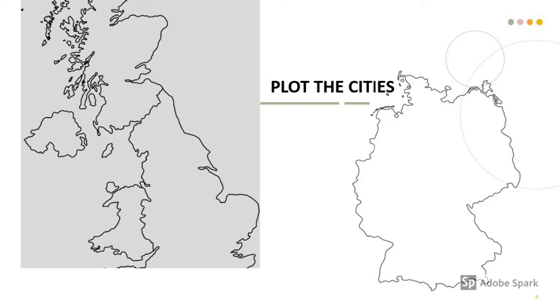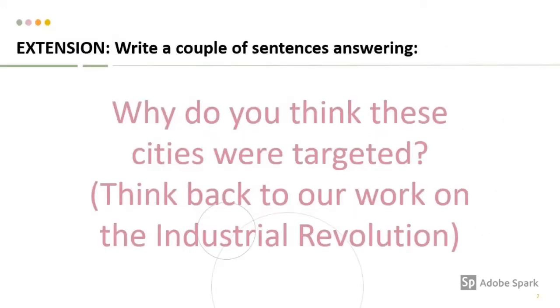This might be why the Germans decided to target it. Once you've labelled and annotated your maps, there's an extension activity. Now, you don't need to do this, but if you want to, write a couple of sentences answering why do you think these cities were targeted. You're going to need to think back to our work on the Industrial Revolution.